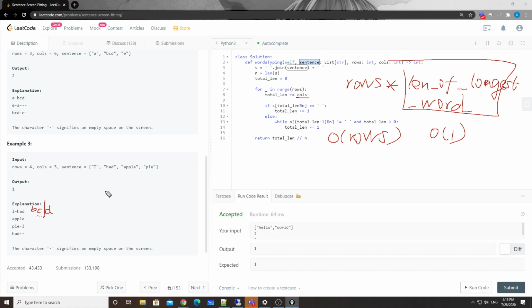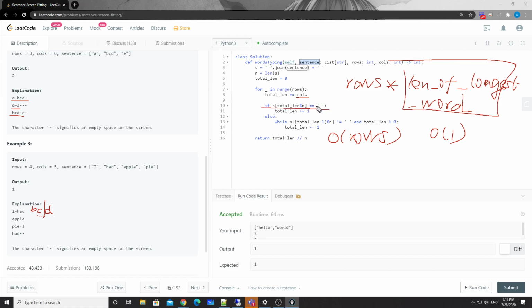And okay, even though you come up with the idea that I just need to calculate the valid length, you still need to come up with this kind of tricky logic here.